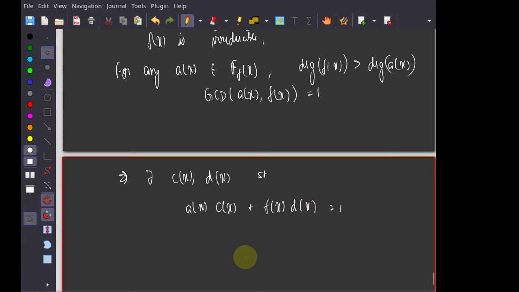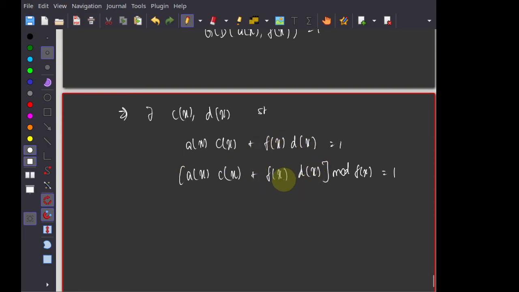So now let me take mod f(x) on both sides. So what can I say about a(x) c(x) plus f(x) d(x) mod f(x)? It is equal to 1, because the right hand side mod f(x) is equal to 1.